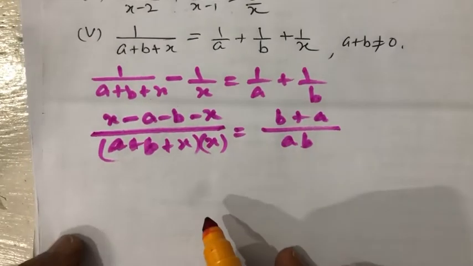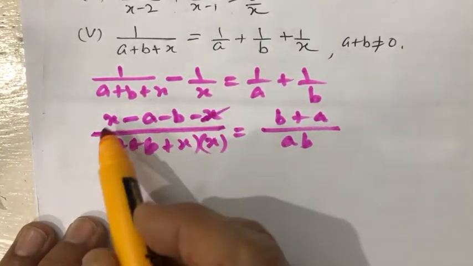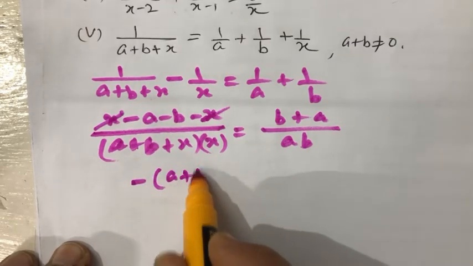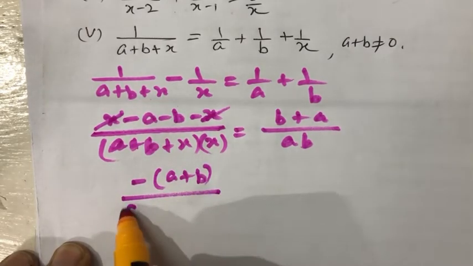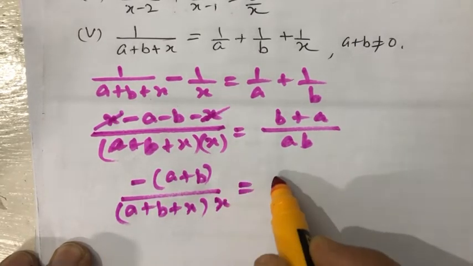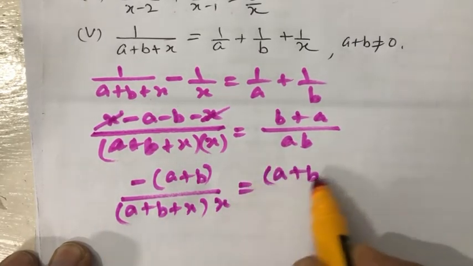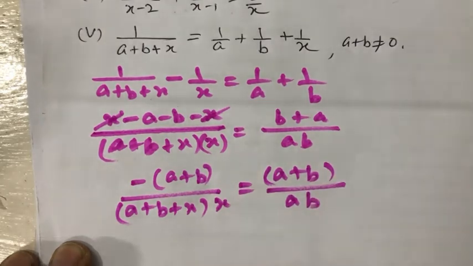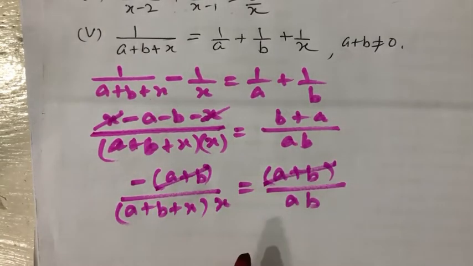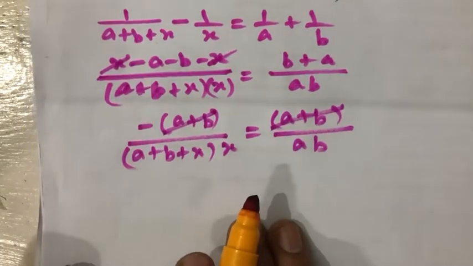So here what we'll get, x and x cancel out. Here it is minus common, a plus b, remaining a plus b plus x into x equals a plus b divided by ab. Now you see that a plus b and a plus b, left and right side same, so cancel out.